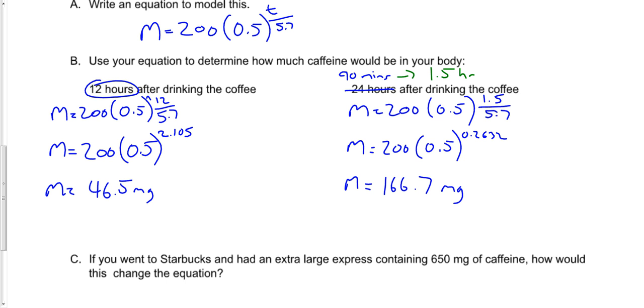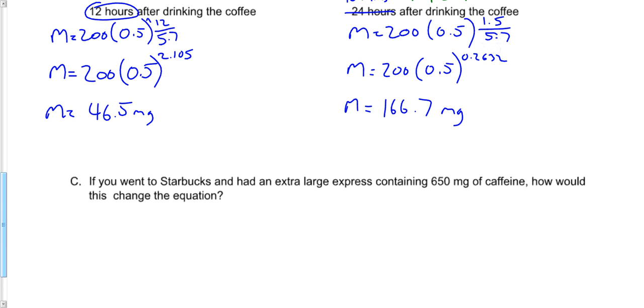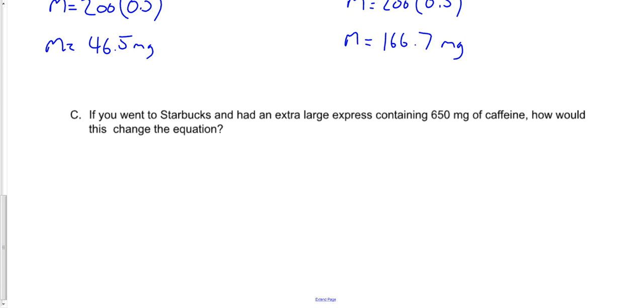milligrams. So one other thing that we want to take a look at here is if you went to Starbucks and you had an extra large espresso coffee containing 650 milligrams of caffeine at the beginning, how would that change your equation? Well, your original equation was the mass of caffeine starts off as 200 milligrams.